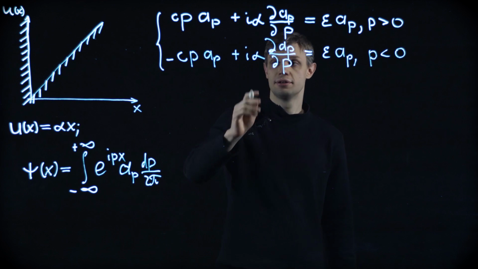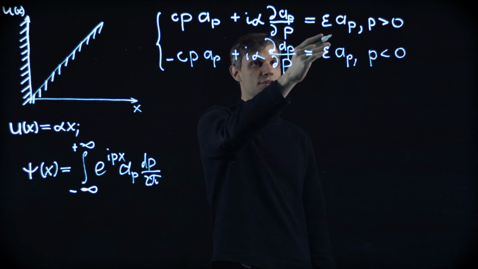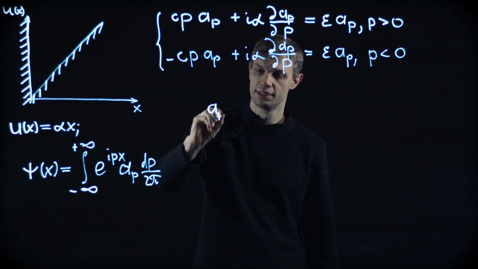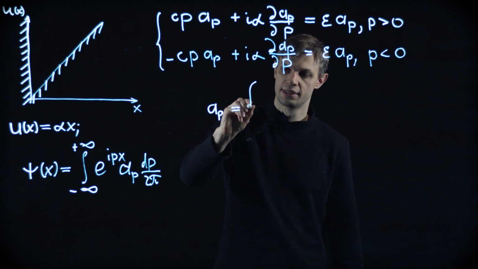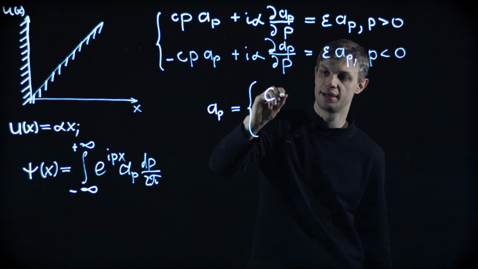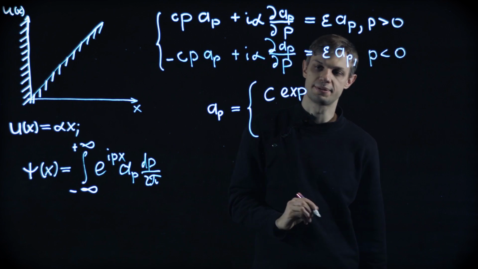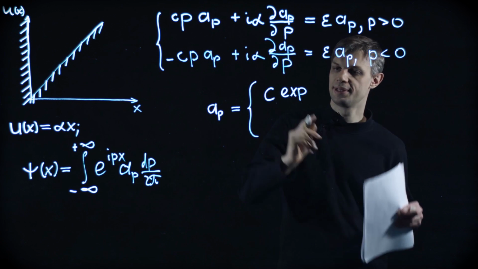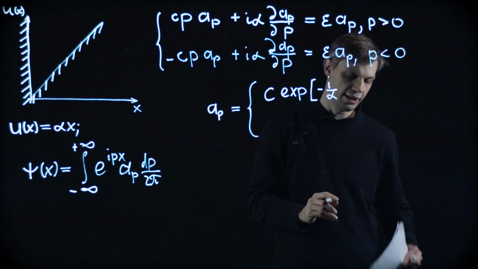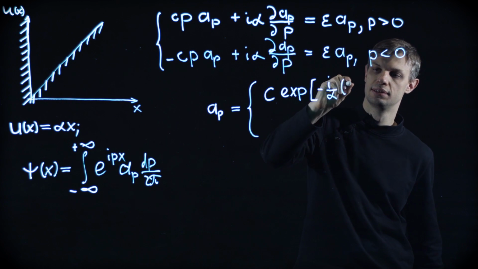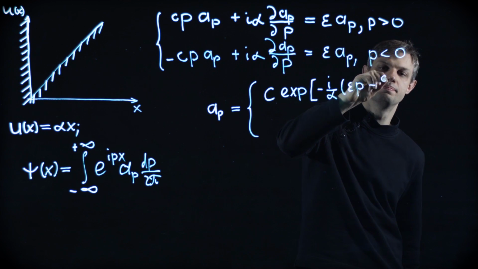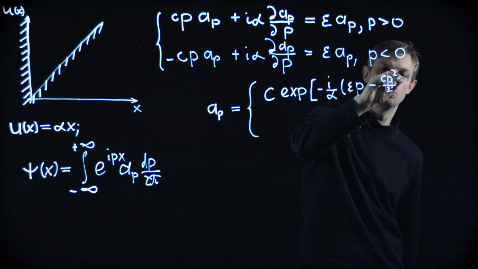So the solution of the first differential equation is easy. You can easily integrate it. And here it is: c, some integration constant, times an exponential function. The exponential function is like that: minus i over α, (εp minus Cp²/2).